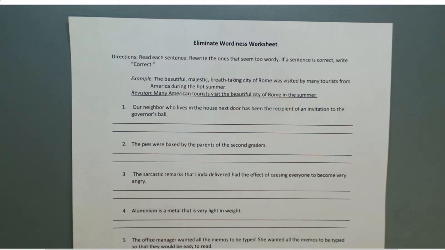All right. So for the eliminating wordiness worksheet. Number 1: Our neighbor who lives in the house next door has been the recipient of an invitation to the governor's ball. Okay, recipient is receiver of.